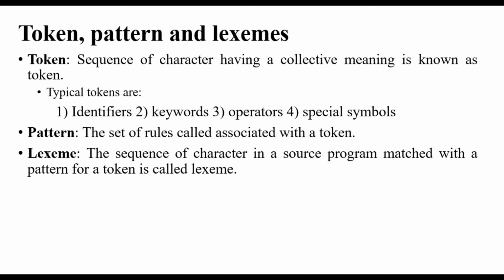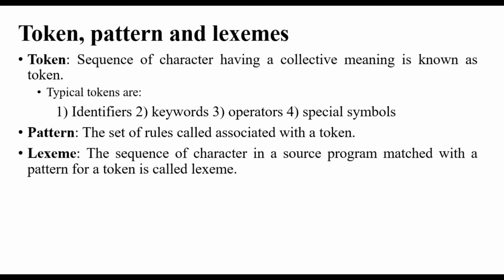Typical tokens are identifiers, keywords, operators, special symbols, etc. The token name is an abstract symbol representing a kind of lexical unit. A token considers two values: the first one is the attribute name and the second one is the attribute value. The token names are the input symbols that the parser processes.